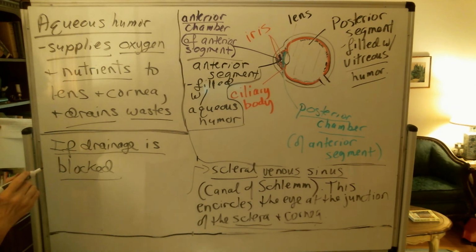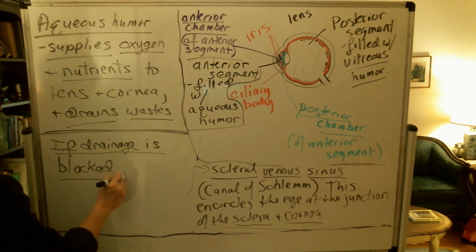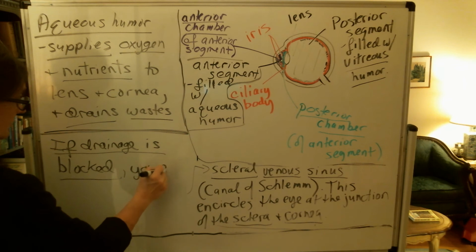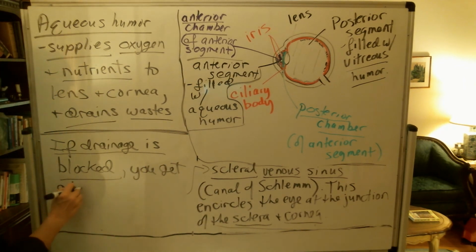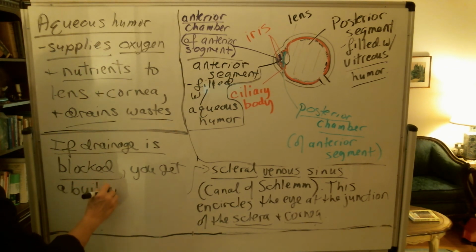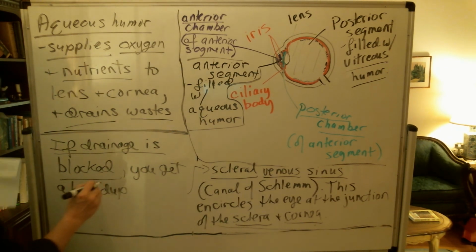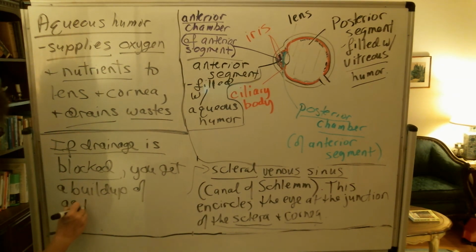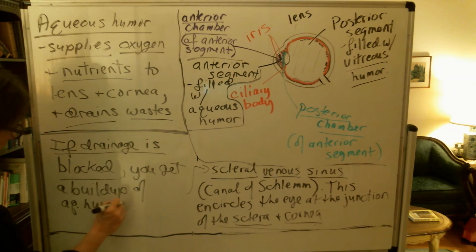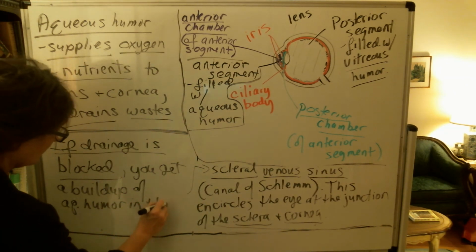So if drainage is blocked, then you get a buildup of aqueous humor in the eye.